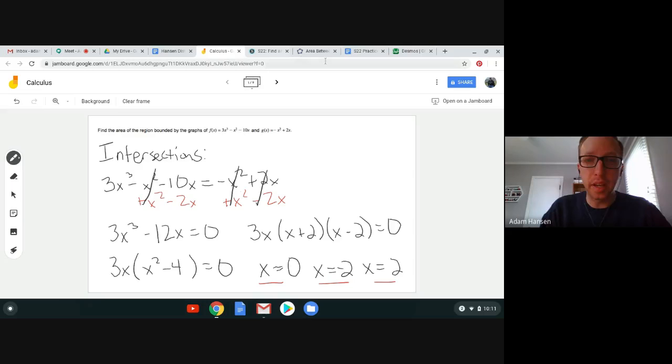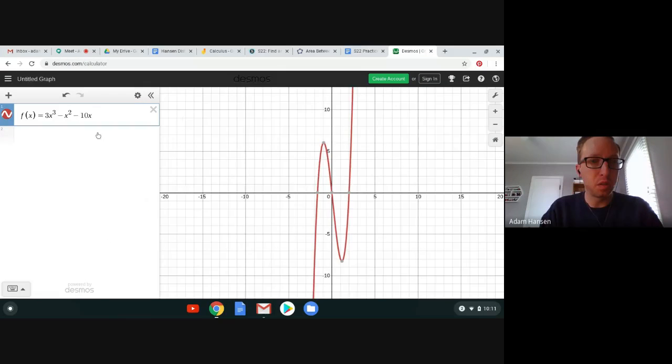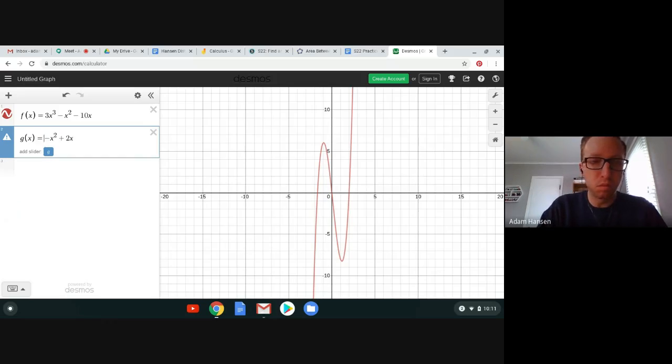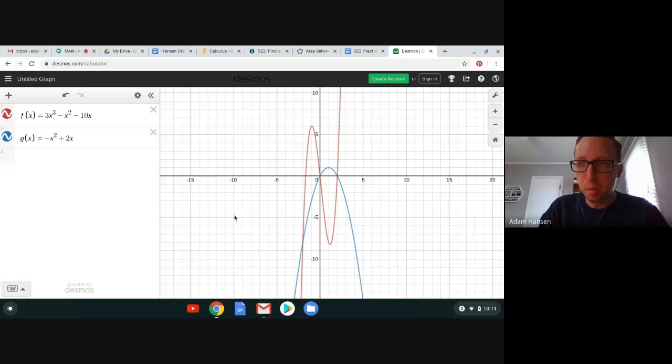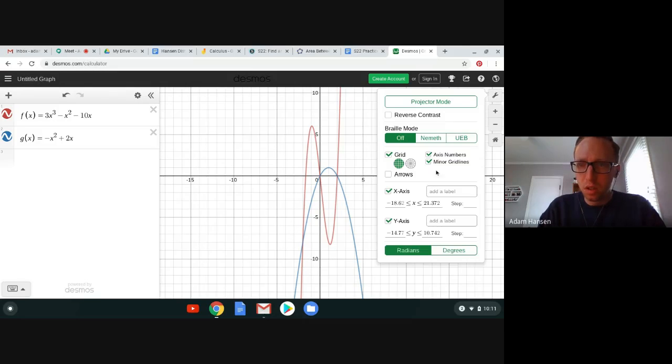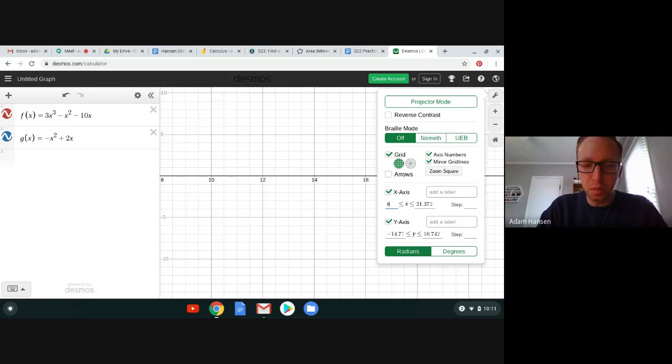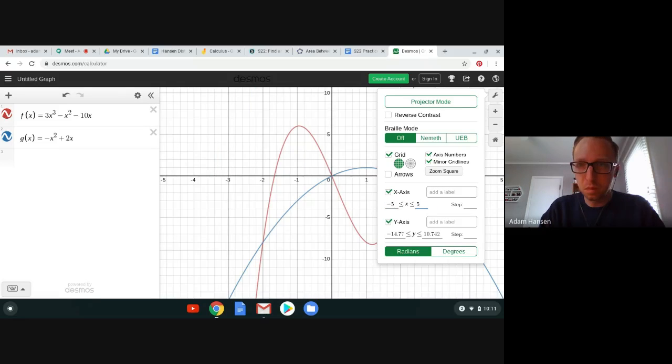Second function was negative x squared plus 2x. Maybe I'll make the bounds negative 5 to 5 along the x-axis just so we get a better picture. There, that's not bad.